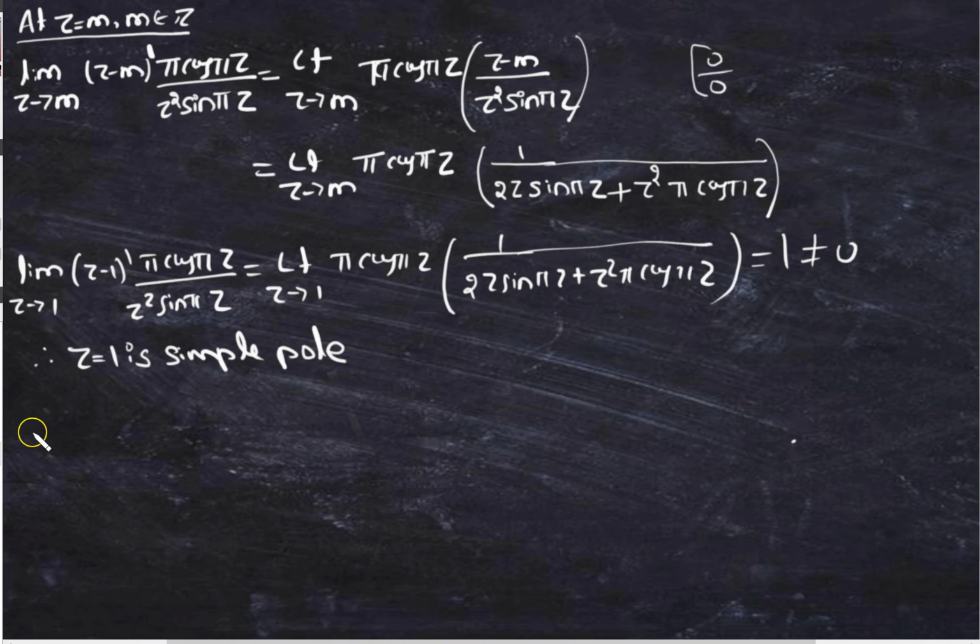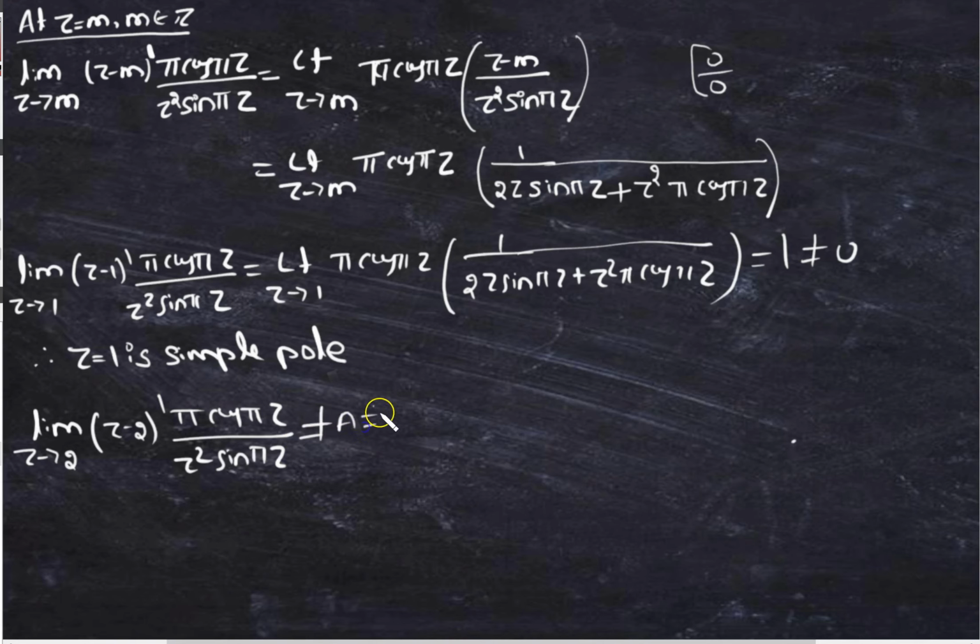Okay, and you check for the point z naught equal to 2, limit z tends to 2 of z minus 2 to the power 1 times pi cos pi z divided by z square sin pi z. Similarly, this is also some non-zero complex constant. Therefore z equal to 2 is also a simple pole.